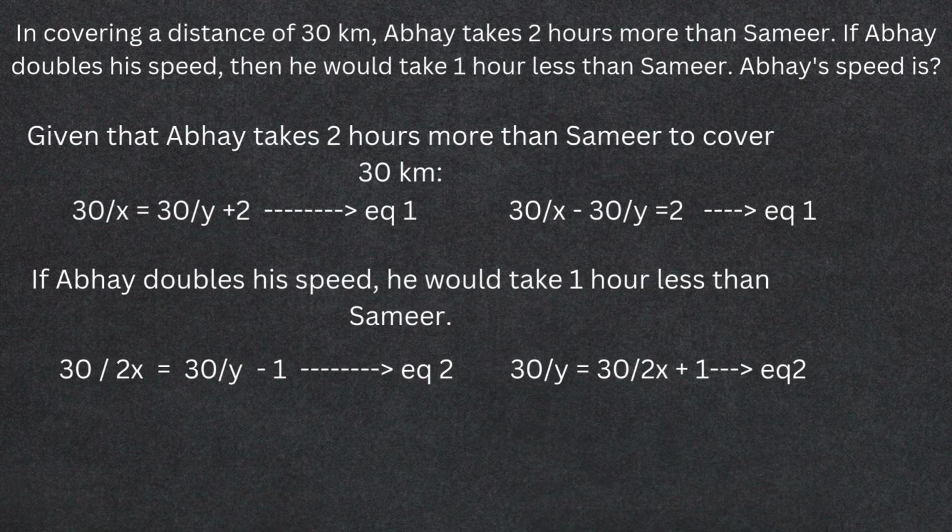Before that, we have to rearrange equation 1 like 30 by x minus 30 by y is equal to 2. This expresses Samir's time in terms of Abhi's. Expressing 30 by y from equation 2: 30 by 2x plus 1 is equal to 30 by y. Let's rearrange this for simplifying further: 30 by y is equal to 30 by 2x plus 1.